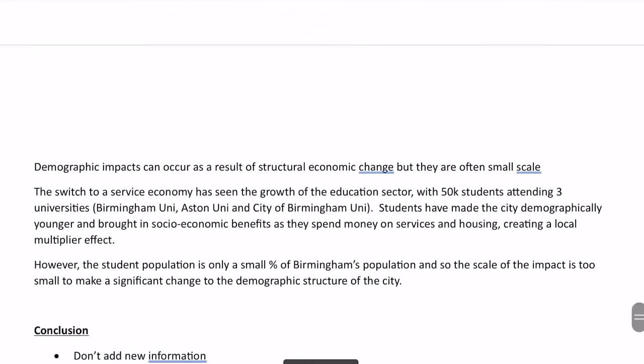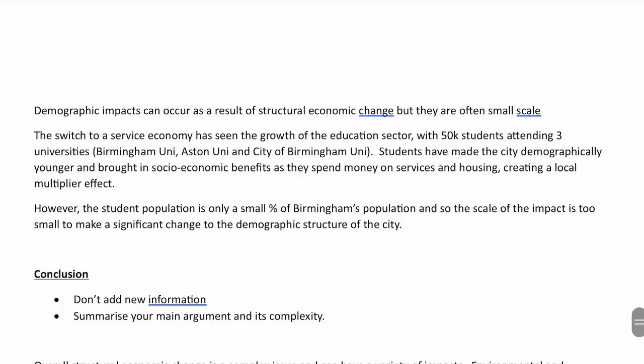So the last argument I would make, I would talk about demographic impacts. Again, there's a one-line clear point here, which says that they can occur, but they're often small scale. I've then given some examples: 50,000 students, and I've talked about the universities they attend here, place-specific detail. Then I've said that they have brought in socio-economic benefits as well, which is applying the knowledge, saying that some factors can affect and link to other factors.